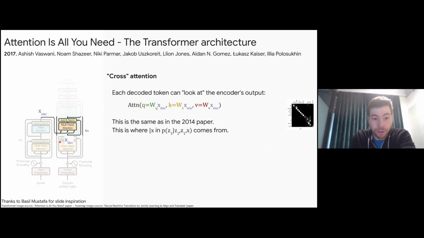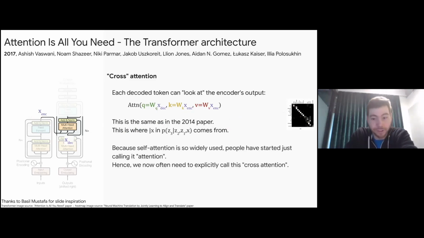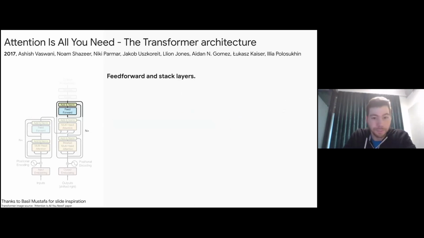So the token that I am trying to generate right now can look at all of the tokens from the source sentence. And this is where we can learn this alignment, for example, from the original attention paper, right? So each decoder token can look at all of the encoder tokens and figure out what it should translate to, basically. I'm going to skip, in the interest of time, more explanation of this.